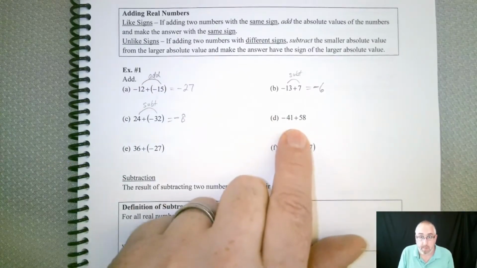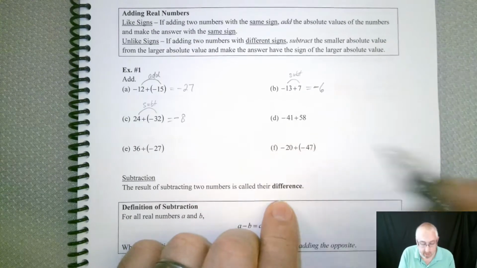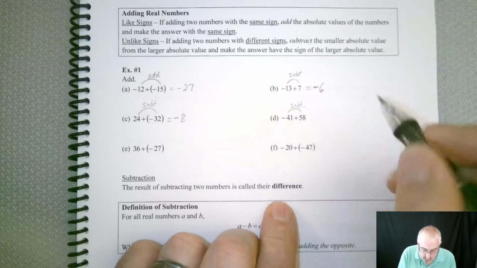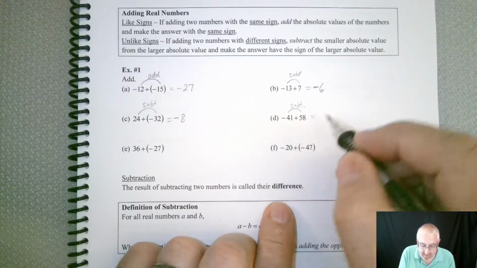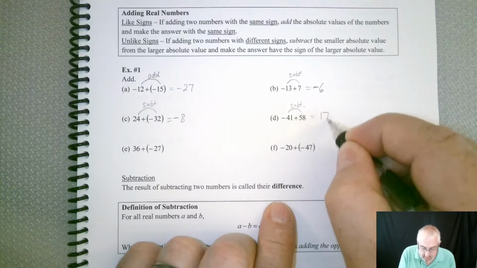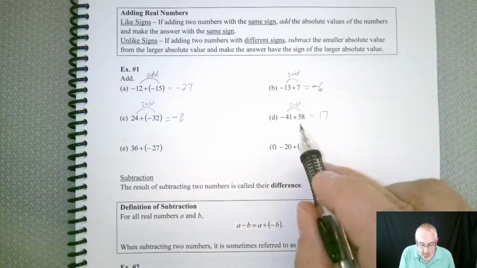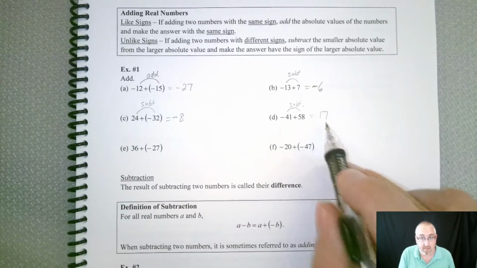How about this one? Adding or subtracting? You called it. We got to subtract. So if we want to subtract them, 58 minus 41 is 17. And is it positive 17 or negative? Now the bigger one is positive 58, so the answer stays positive.